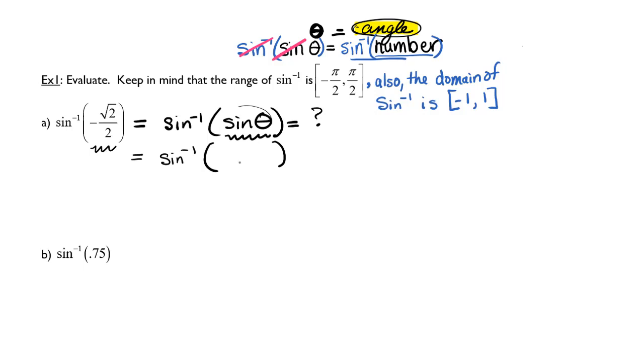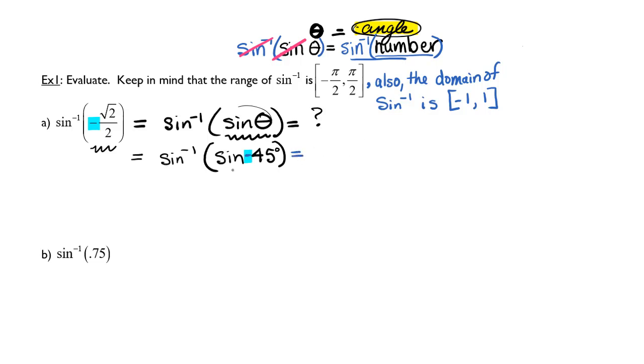I happen to know that sine of 45 degrees will give me a positive root 2 over 2, but I have a negative root 2 over 2. So I'm going to make this a negative 45 degrees.